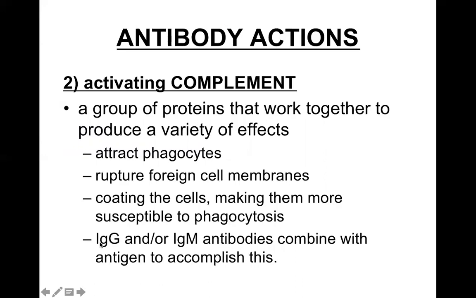I think the IgG spikes first, and then the IgM comes along a little bit later. But those ones make a complement. A complement is a group of proteins that work together to produce a variety of effects, but it ends up being very similar to what perforin does, that chemical release by those killer T cells.